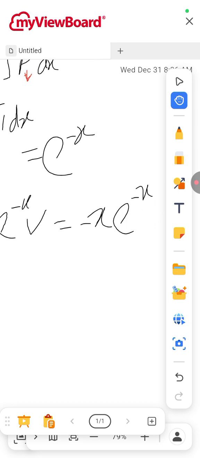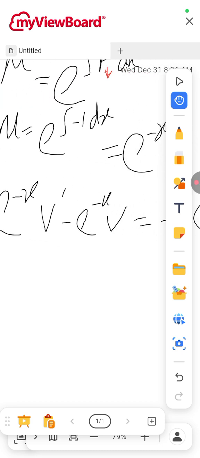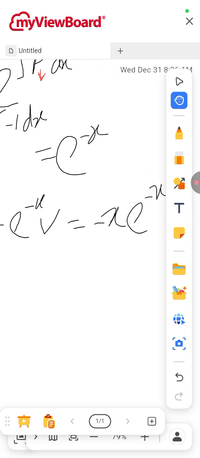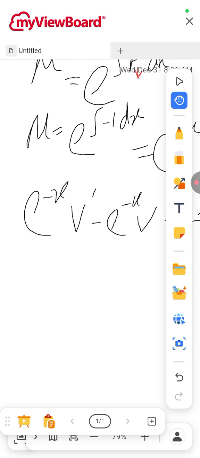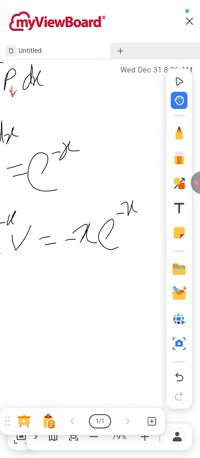So after doing that, we now try to solve this equation here. Now, solving this, we have to also look at integration techniques. This left hand side, the right hand side seems simple.